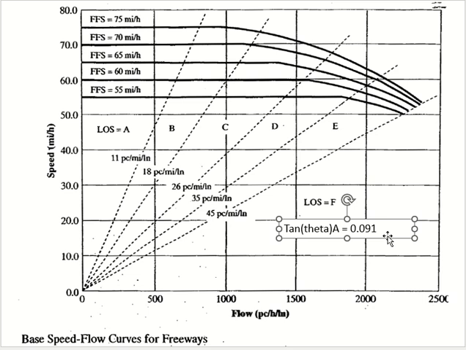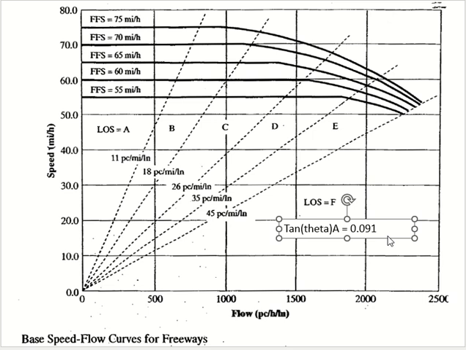And what is speed upon flow? Slope, right? And slope is what? Tangent theta. Okay, so I will calculate theta from here and draw this line using it. Okay, got it?